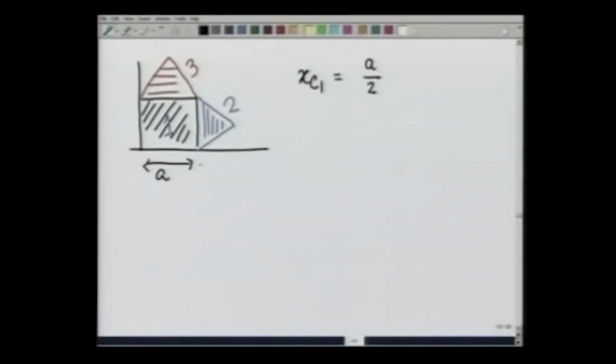Similarly, the height of this triangle, because the side is a, is going to be a root 3 by 2, and therefore x_c2 is going to be equal to a plus the distance of the centroid from the base, which is nothing but 1/3 the height, and therefore a divided by 2 root 3.